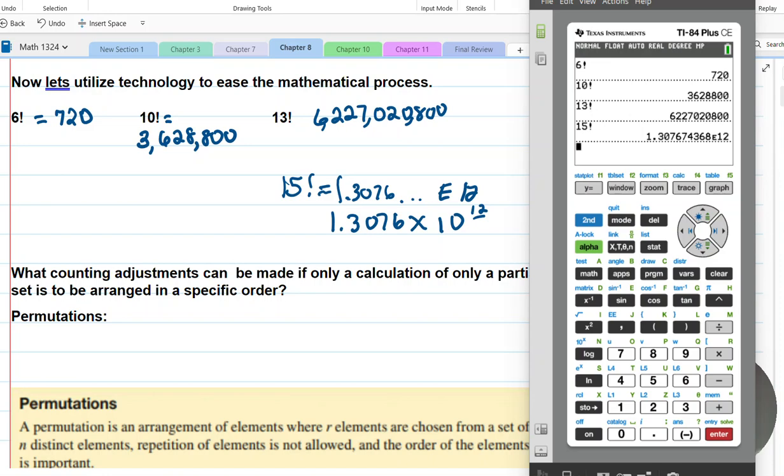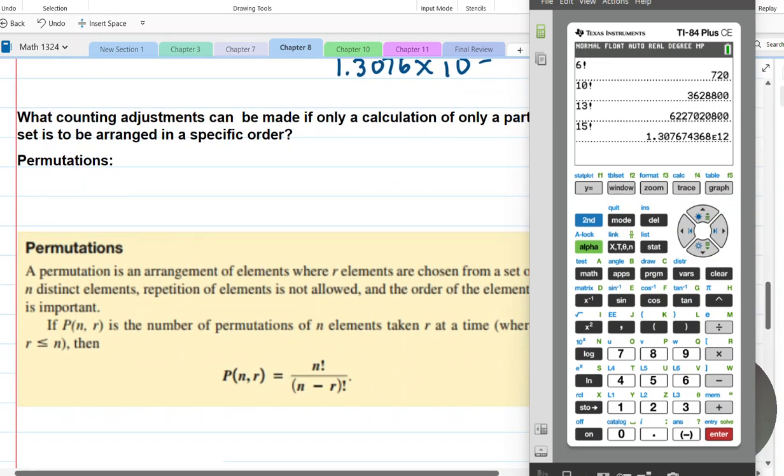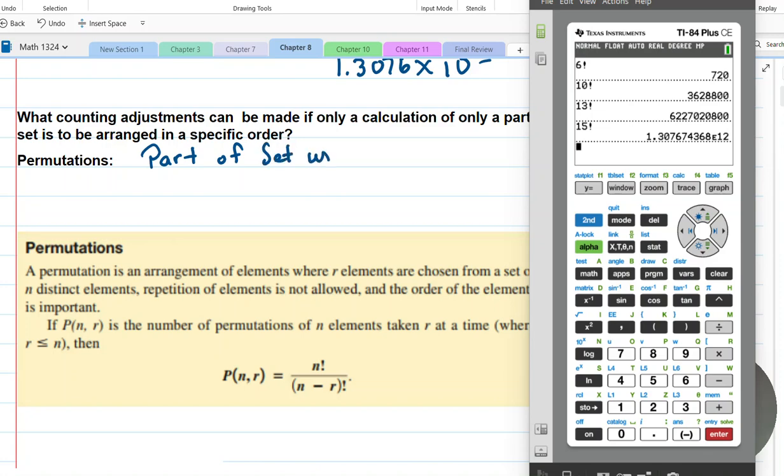Right. Okay, so now let's look at what happens if we only want part of the set used. And that's known as a permutation.